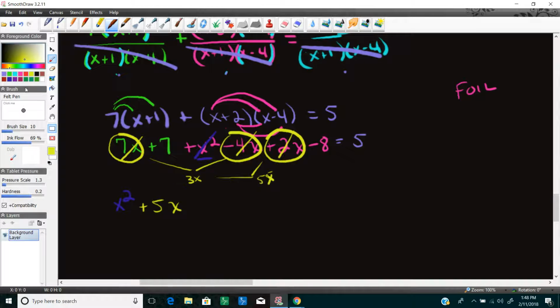And the last thing I'm going to look at here is my numbers. I have positive 7 and minus 8. I can't look at the 5 yet because it's on the other side of the equation, so we'll deal with that right now. 7 minus 8 is negative 1. And now I can bring down the equal to 5.